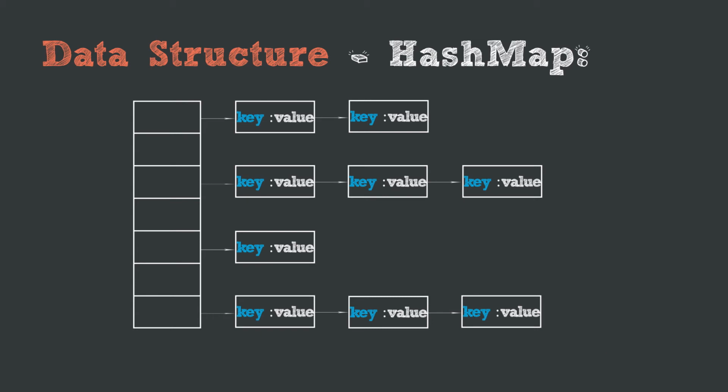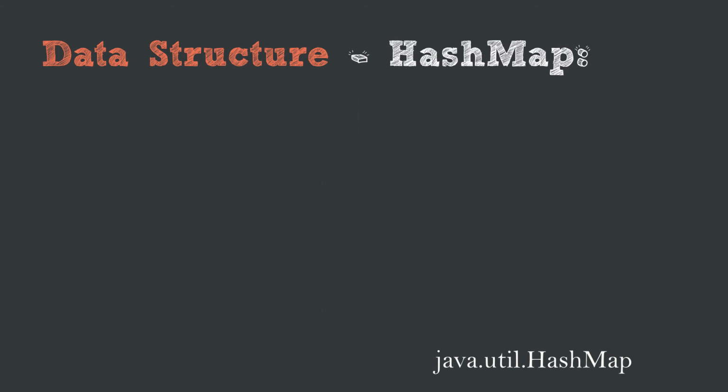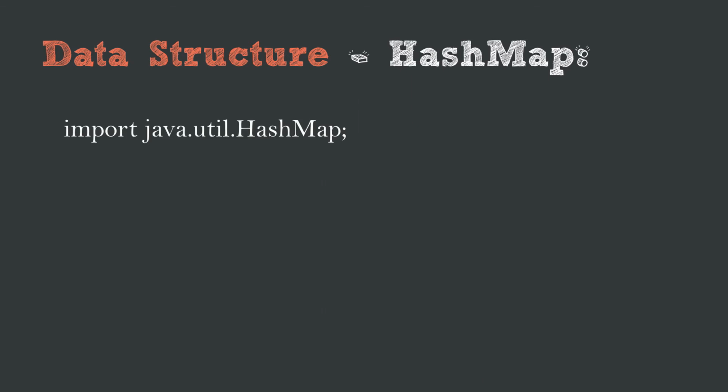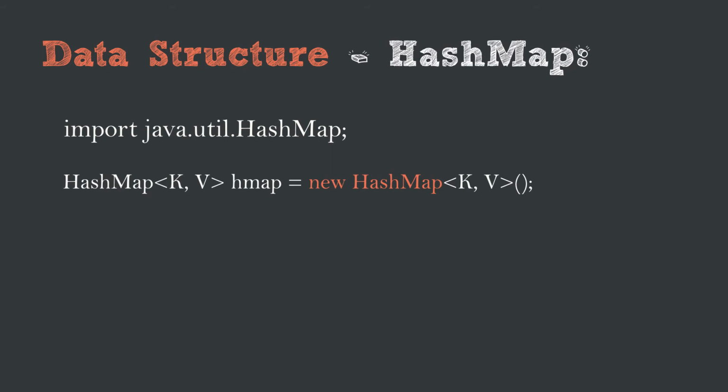Here, I will use the methods in the Hashmap class provided by the java.util package. To use it, we need to import java.util.HashMap. The most used methods are put and get. Please note, Hashmap will not maintain a particular order, which is fine in our case.